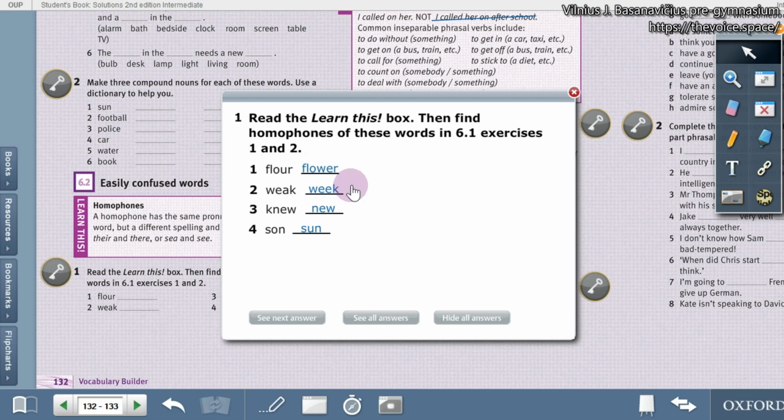Floor and flower. So week and weak, the pronunciation differs slightly, but basically it's the same. New and knew, I cannot distinguish, only the spelling. And sun and son, the spelling differs, the pronunciation not so much.